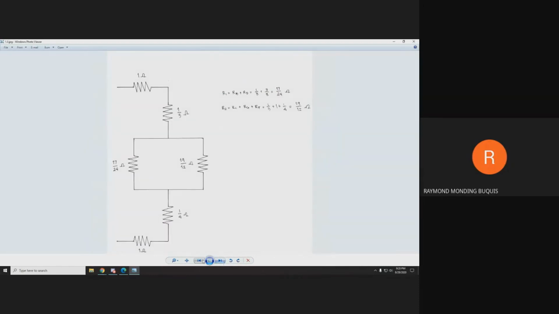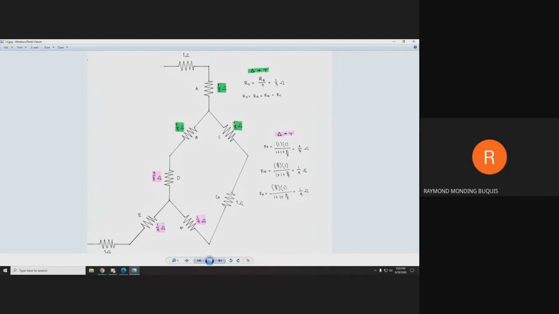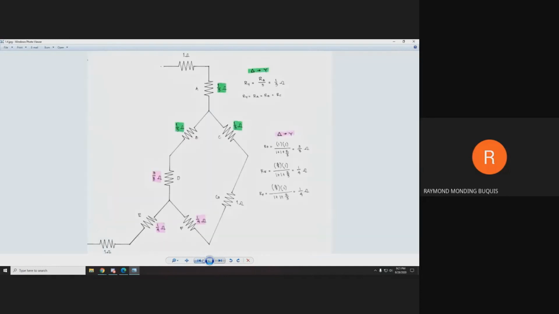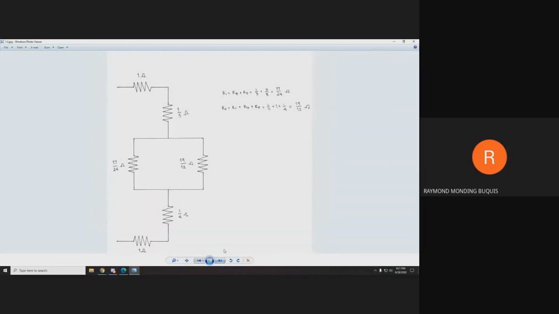Next, we can see that these three resistors are connected in series, and the other resistors are connected in series as well. So we will add these resistors and these resistors to form a parallel. In R1, we add RB and RD, which is 1/3 and 3/8.